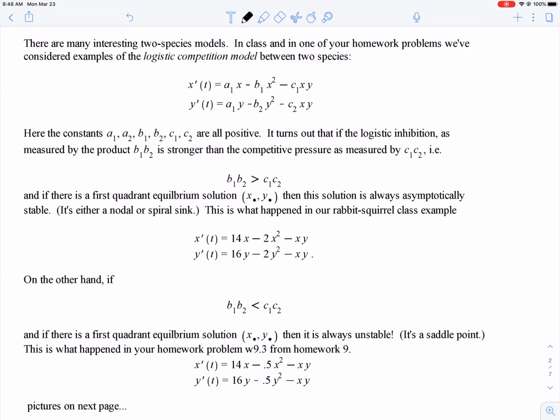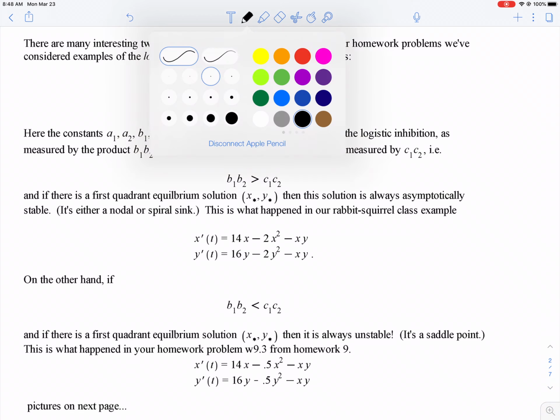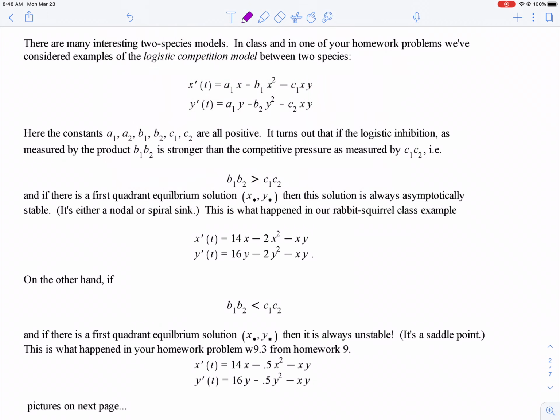We've been talking about the competition model and symbiotic model in some office hour discussions. So the competition model that we've talked about, x and y, the populations by themselves would obey a logistic law, but if they're both put in the same place, then they're competing for resources, and so the presence of each one also inhibits the other, right?